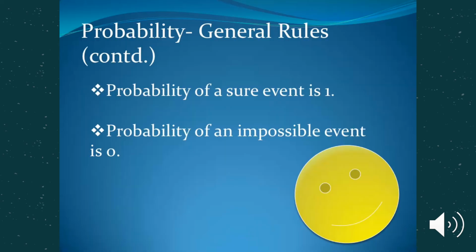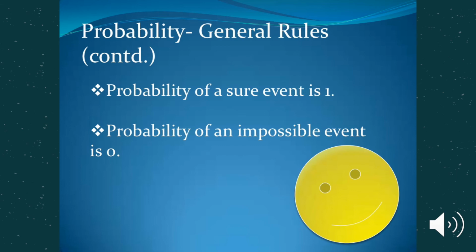Now the probability of a sure event is 1. What does sure event mean? That event will definitely occur. So that probability is always 1. Like if I say, what is the probability of getting a number less than 7 in a dice?